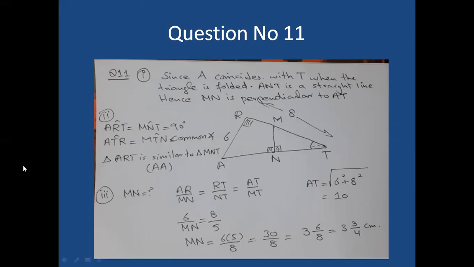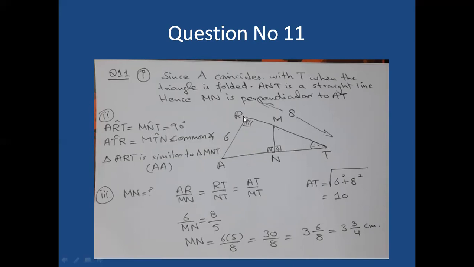Now the question is, what is the value of MN? From the names, I can write the ratios. For example, AR ratio MN, RT ratio NT, AT ratio MT. They will be equal to each other. Just put in their values, we have the values there. AR is 6, MN we don't know, so that will remain MN.